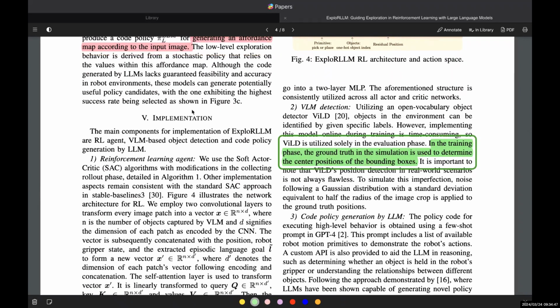In their implementation, we noticed that in the training phase, the ground truth in the simulation is utilized to determine the bounding box of each object, which is a good idea to quickly verify your ideas.